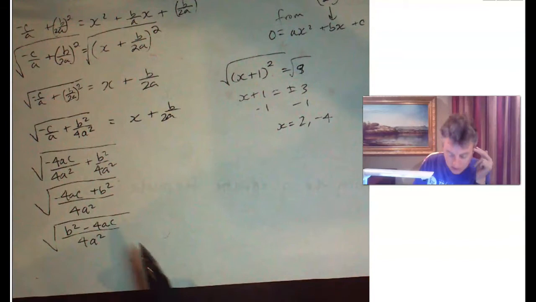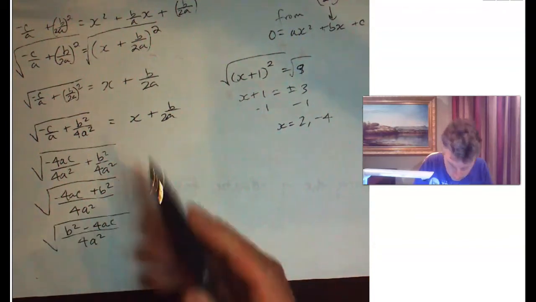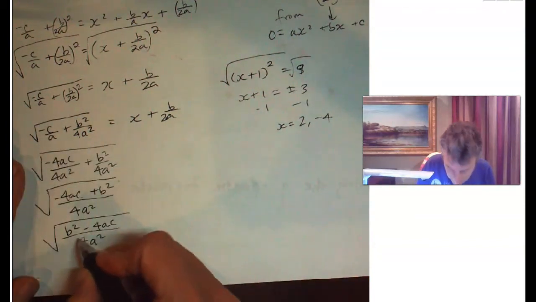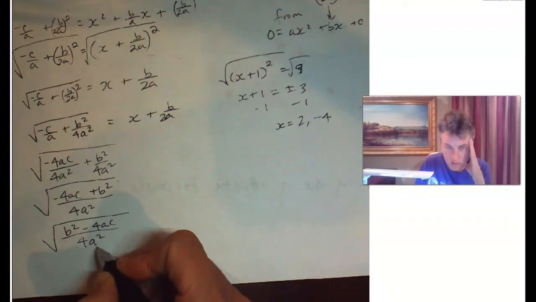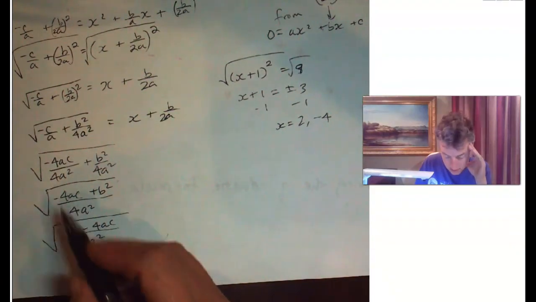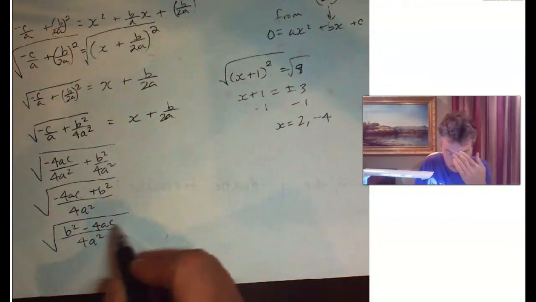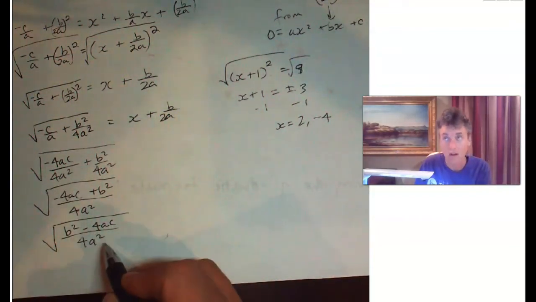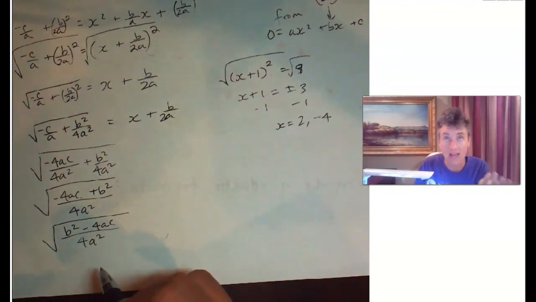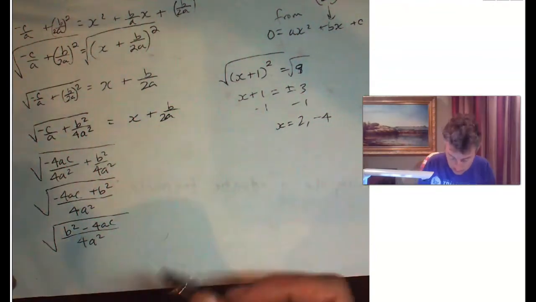But this is interesting because this is a square root, and this denominator is something squared. And I know I can take the square root of the numerator and the denominator. I'm going to leave the square root of the numerator because that's definitely not something squared, but 4a squared is 2a squared.